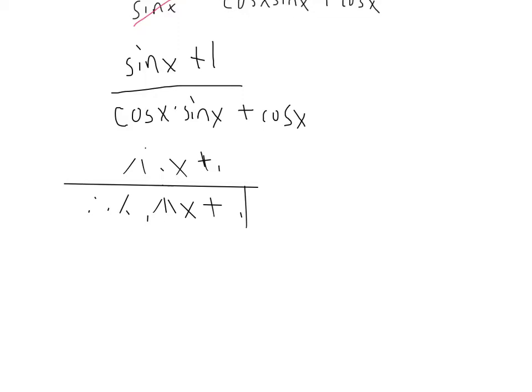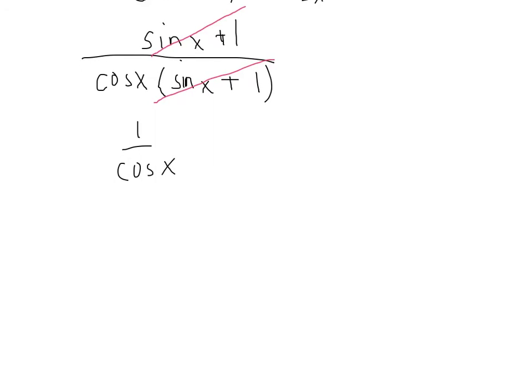So now we have sine of x plus 1 canceling out with sine of x plus 1 here. So we are left with 1 over cosine of x. And the final answer is secant of x.